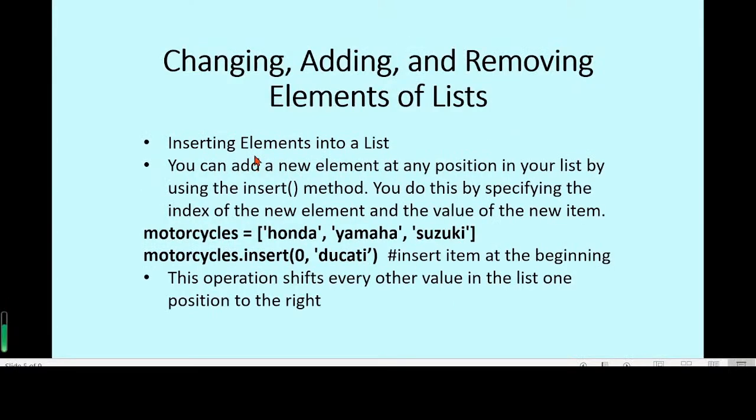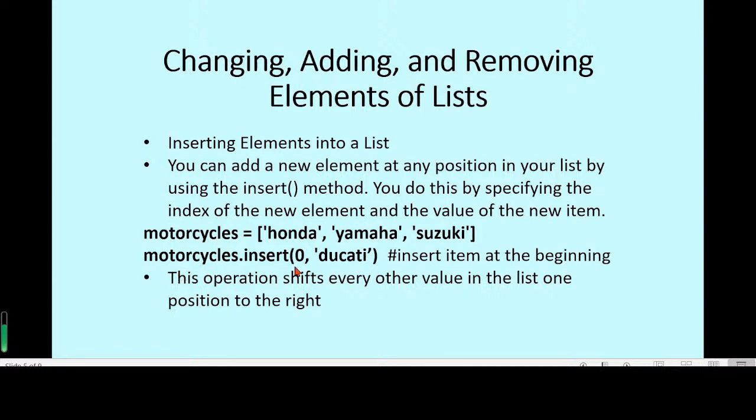And you can also insert elements into a list. You can add a new element at any position in a list by using the insert method. You do this by specifying the index of the new element and the value of the new item. So this is a list with 3 motorcycles.